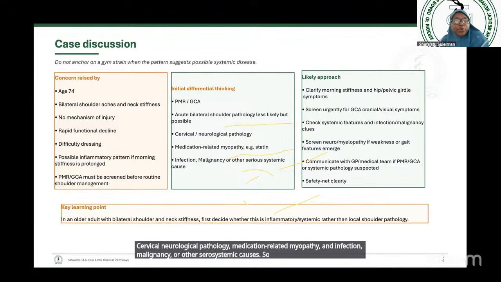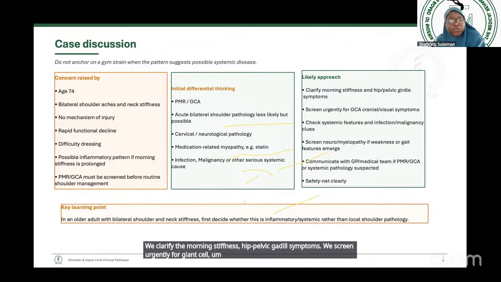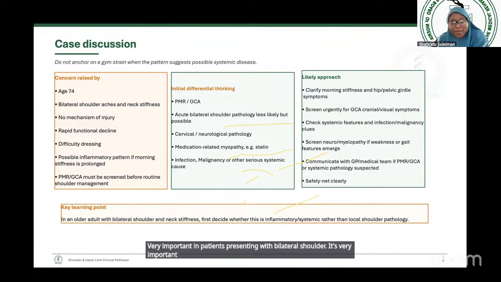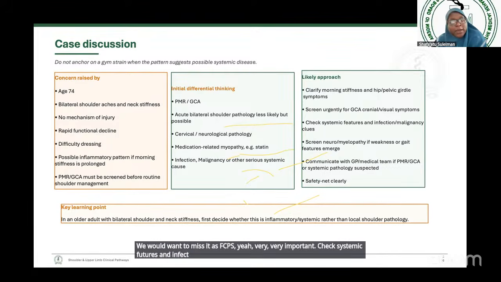So the likely approach: we clarify the morning stiffness, hip and pelvic girdle symptoms. We screen urgently for giant cell arteritis. That's very important in patients presenting with bilateral shoulder symptoms. We wouldn't want to miss it as FCPs. Check systemic features and infection and malignancy clues.